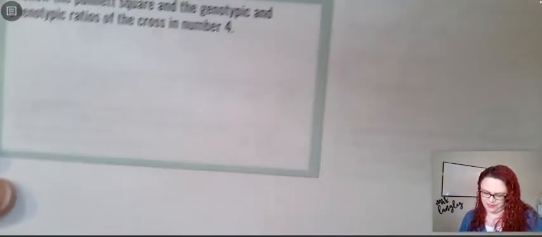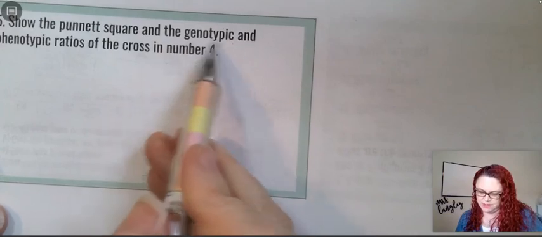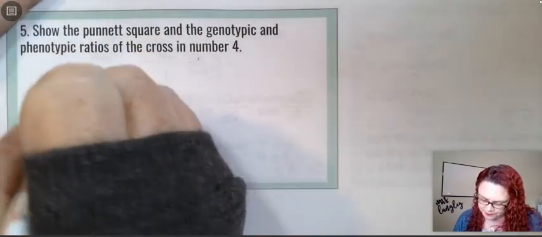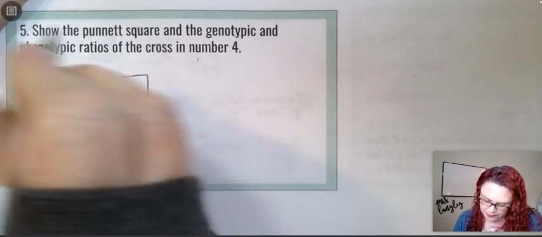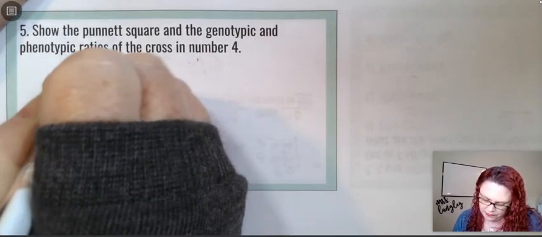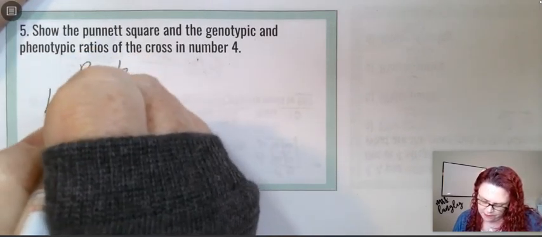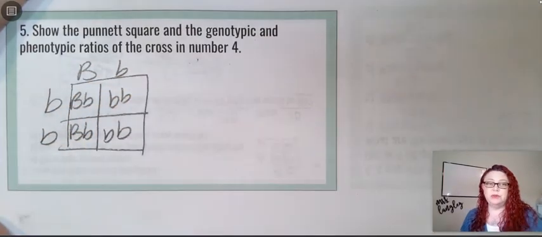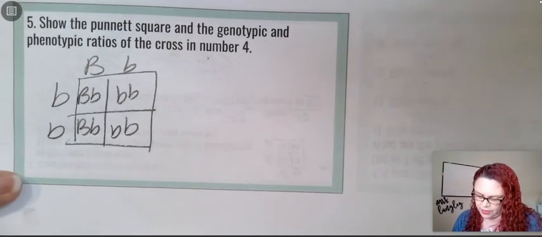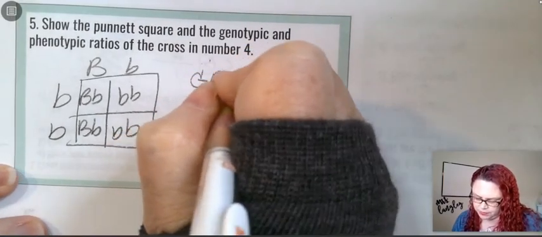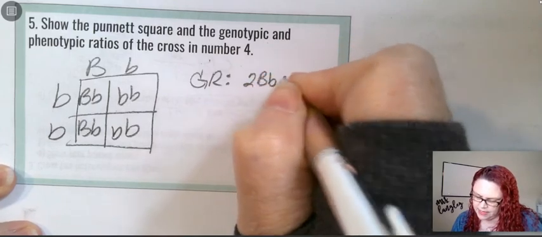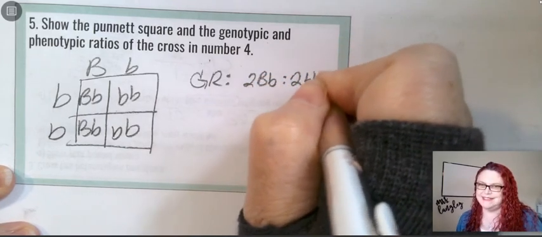One more question. Show the Punnett square and genotypic and phenotypic ratios of the cross in 4. Well, we did that cross. So we just have to do our ratios. If I look at my genotypic ratios, I had 2 like this and 2 like this.